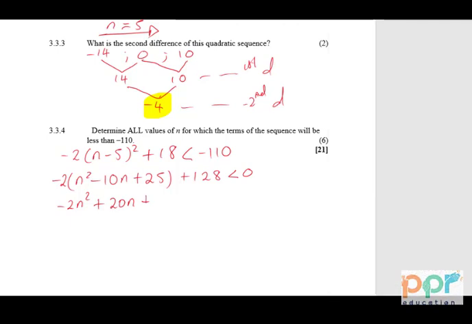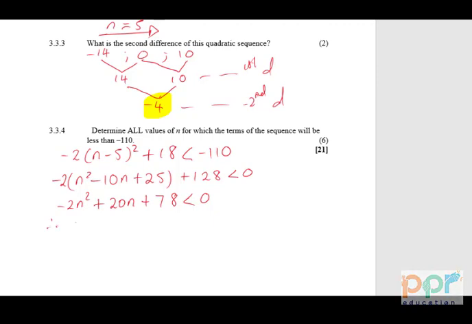So I'm having positive 78, all of it less than 0. So if I divide everything by negative 2, the inequality sign changes. It will change direction because I divide by a negative. That happens when you divide by a negative.